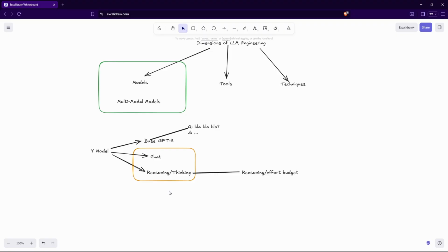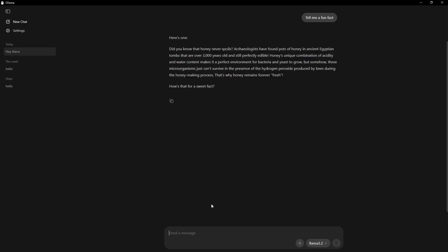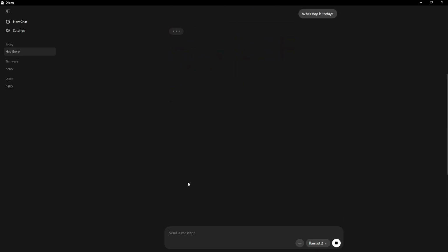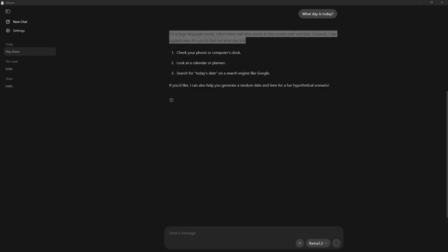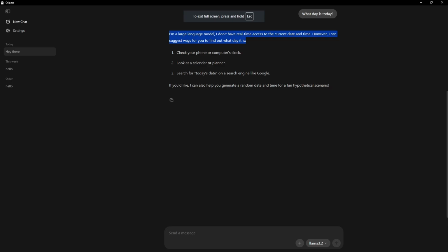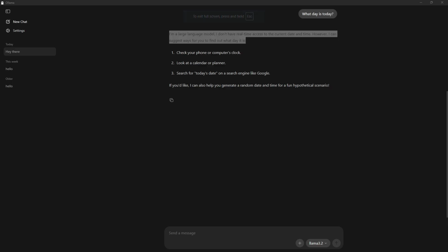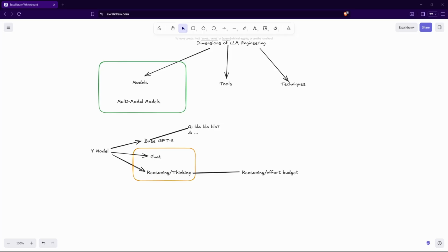Actually, I haven't tested with Ollama, but if I go to Ollama and ask what day is today, it probably gives you this kind of generic information.